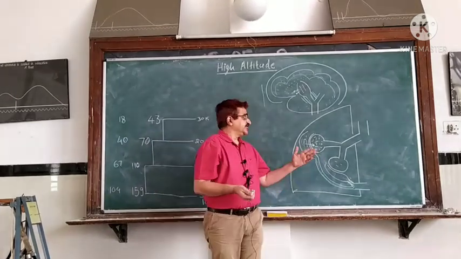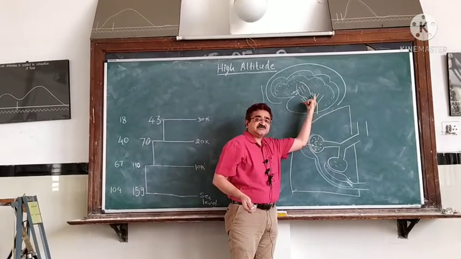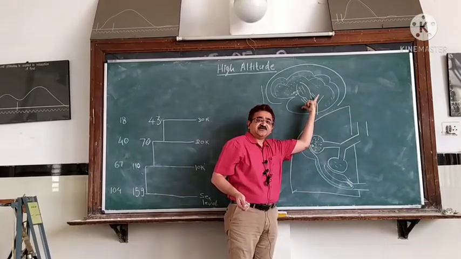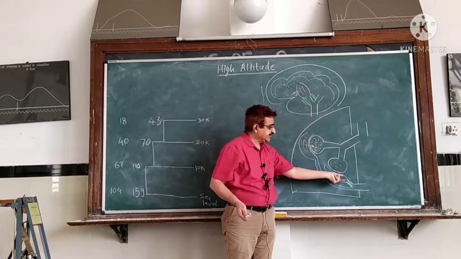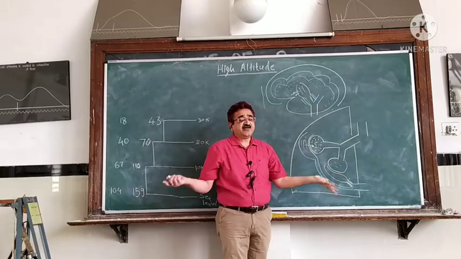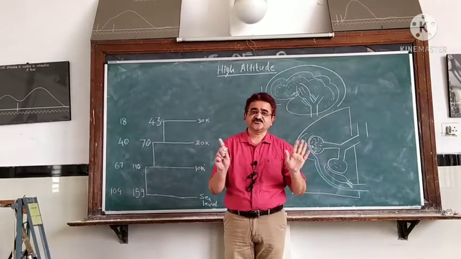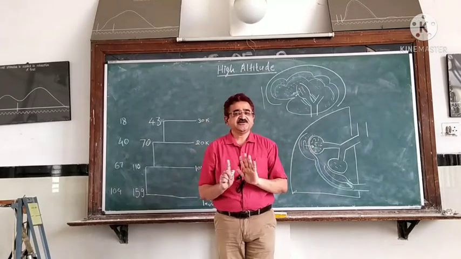So here we are saying that hypoxia is leading to vasodilatation, and here we are saying that hypoxia is leading to vasoconstriction. Why it leads to vasoconstriction in the lung is not known; till now it is not known.